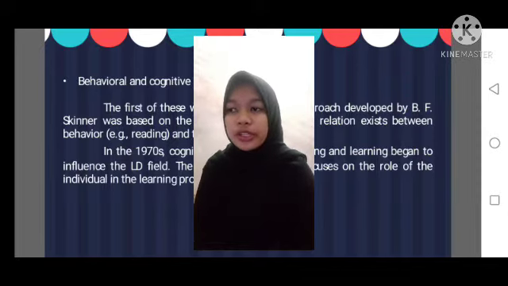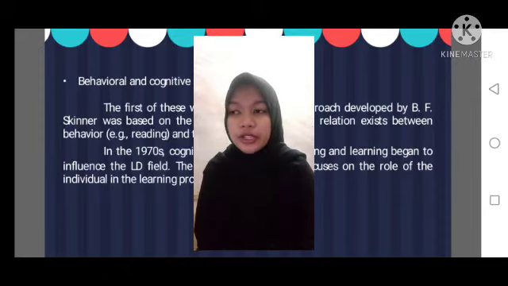Point number 3 is behavioral and cognitive approaches. The first of these was behaviorism. This approach, developed by B.F. Skinner, was based on the theory that a functional relation exists between behavior, for example, reading, and the environment. Behaviorists stress direct observation and ongoing collection of objective information.